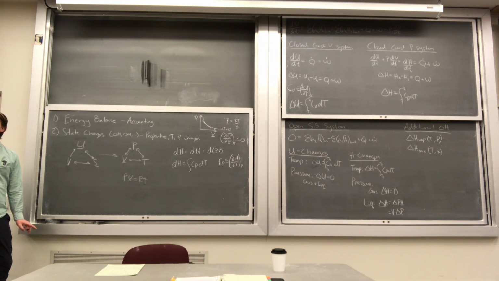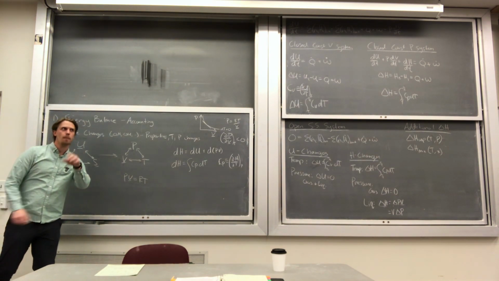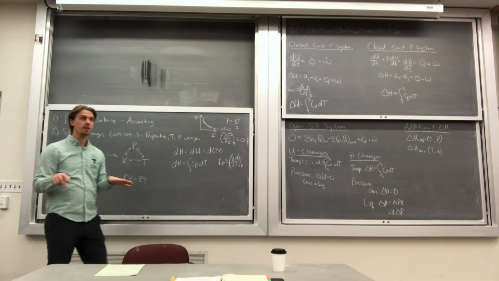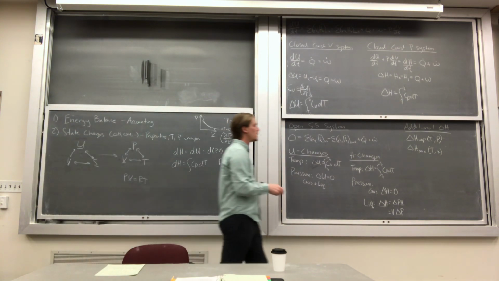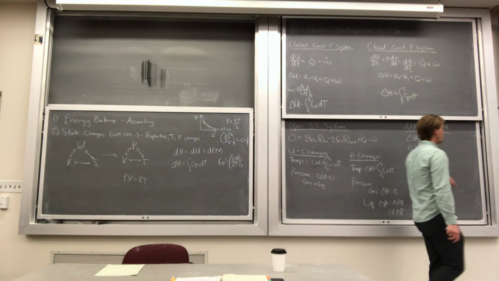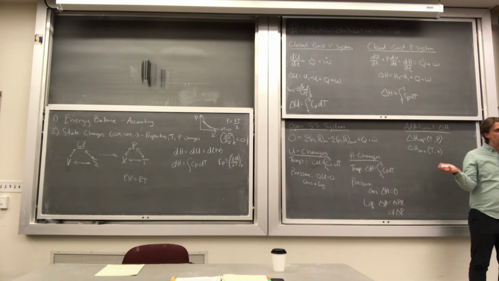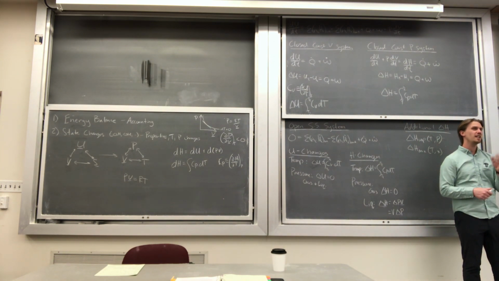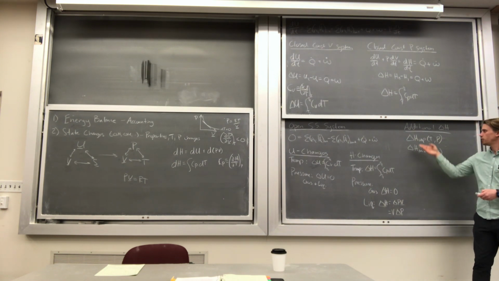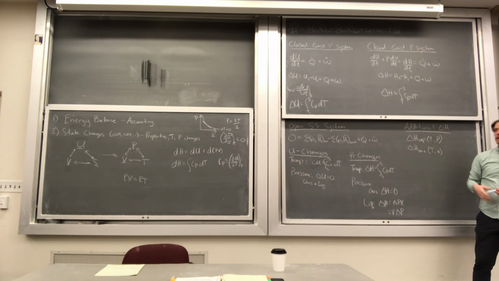So if I change one variable in thermodynamics, I change all the other variables at the same time. So of course delta H of mixing is going to be a function of temperature. It's also going to be a function of pressure as well, but we neglect it because liquids aren't particularly sensitive to changes in pressure. But technically speaking, all of these are a function of all other variables. We just list the ones that are the most important.